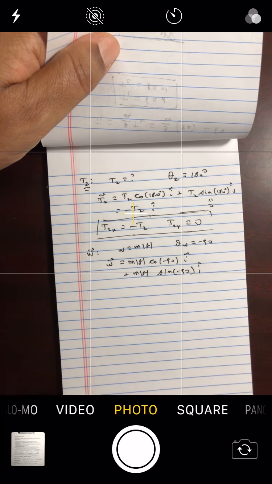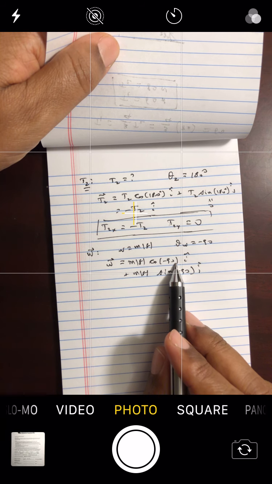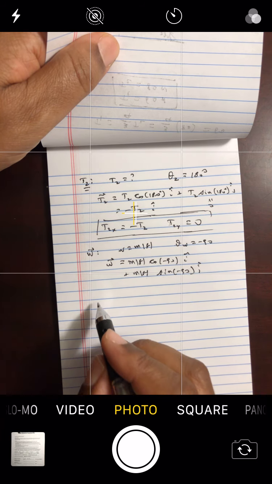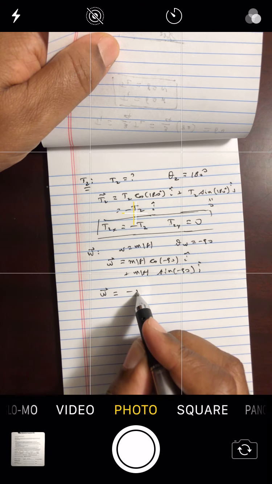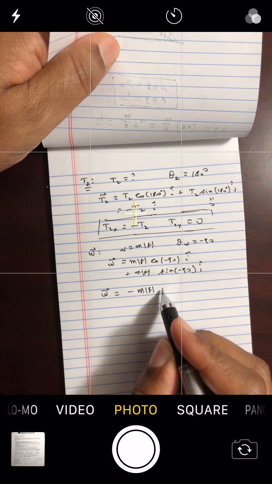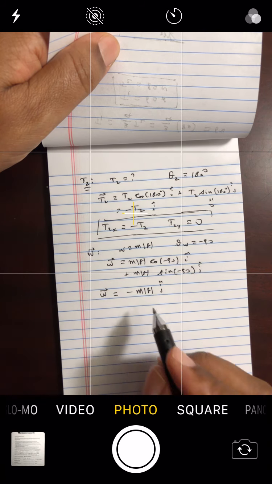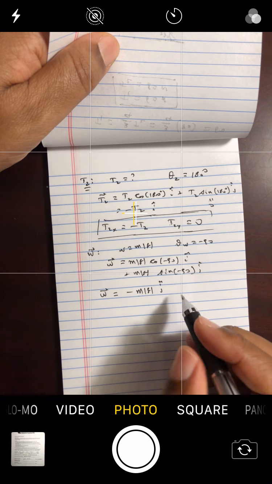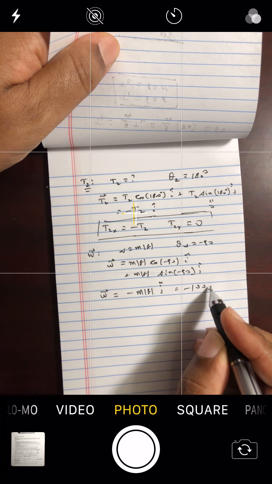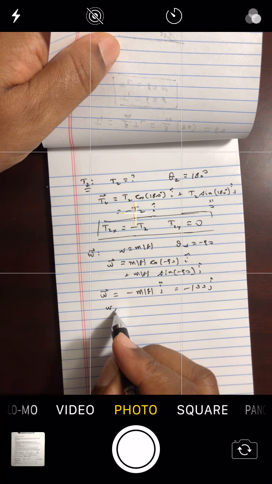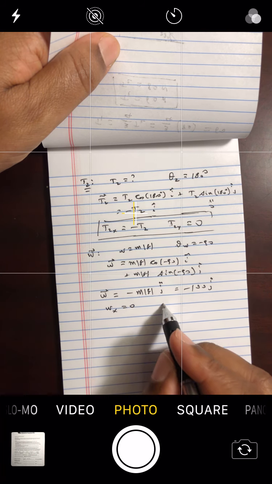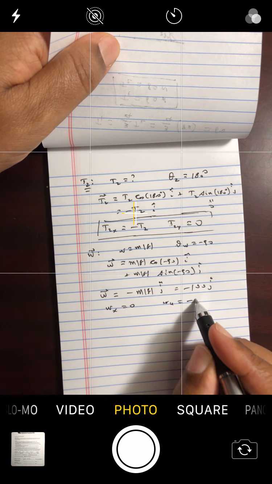Okay, so cosine of negative 90 is 0 and sine is negative 1. So the weight is simply negative mg in the j direction. Okay, mass is 10, with g approximately 10, it's going to be negative 100 in the j direction. So that means Wx is 0, no I component, and Wy is negative 100.